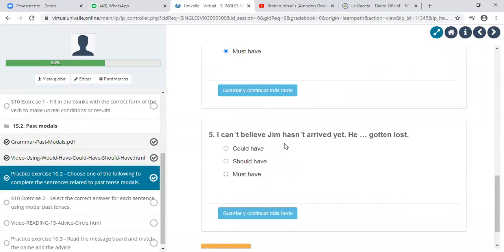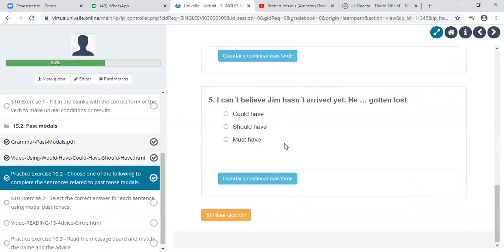And number five, the last one but not least important, I can't believe Jim hasn't arrived yet. He could have, should have, or must have gotten lost. Must have. Okay.